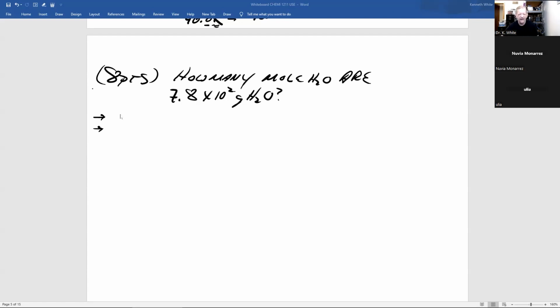Right here. How many moles of water? What are we given? Well, this number, 7.8 times 10 squared grams of water. So this is the only number we have to start with.